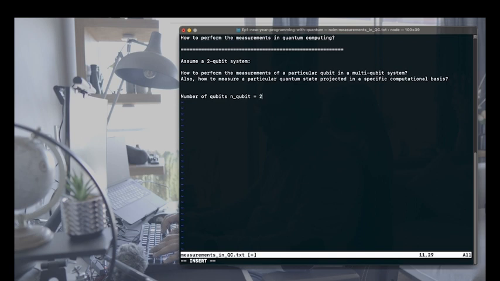So let's assume we have a 2-qubit system. So the number of qubits is basically 2. And the size of the Hilbert space of these 2 qubits will be 2 to the power of the number of qubits, which is 2, and then we will have 4.